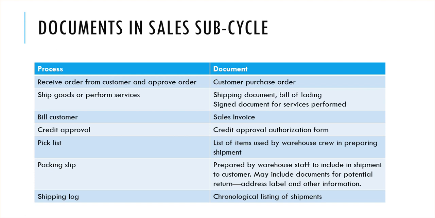Now, I did not speak about this on the previous slide, and I should have. When you ship things out, it's called shipping. When you get things in, it's called receiving. So you have one big warehouse, and you need to think of that as two doors. You have a door going out and you have a door going in.